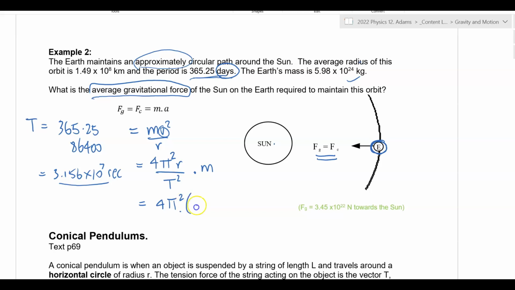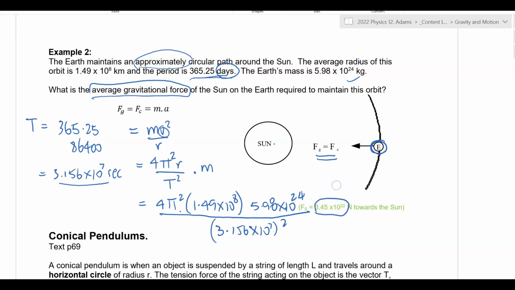4 pi squared, our radius was 1.49 by 10 to the 8th. Okay, and our mass of the Earth, 5.98 by 10 to the 24 kilos. Form and data sheet, check it if you're not sure. Our period, 3.156 by 10 to the 7 seconds, don't forget to square it, and there's our answer there.